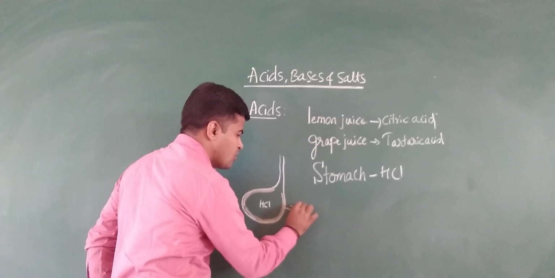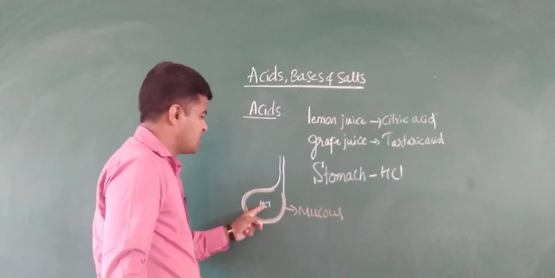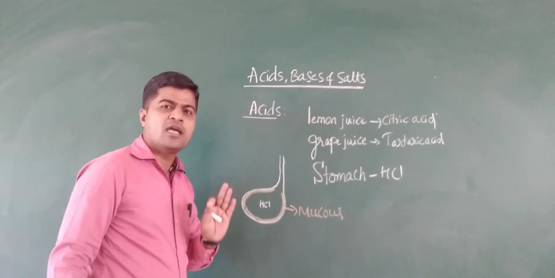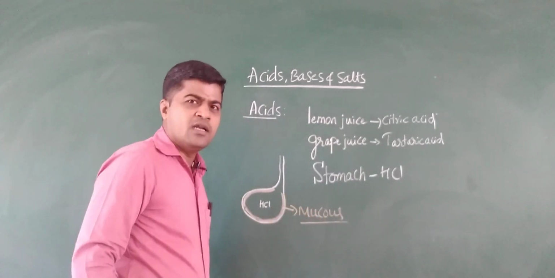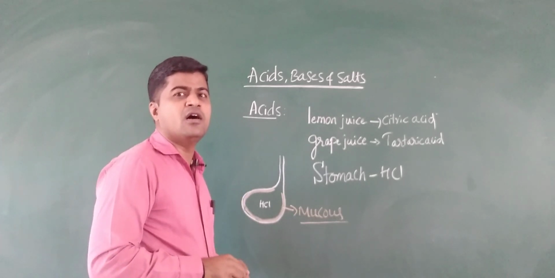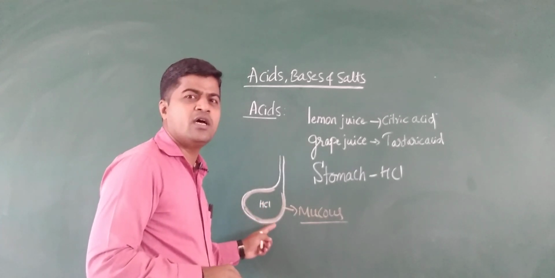Because of this mucus layer, the stomach will not be damaged. HCl is very strong, it has a very low pH, but it will not cause any damage to the stomach.